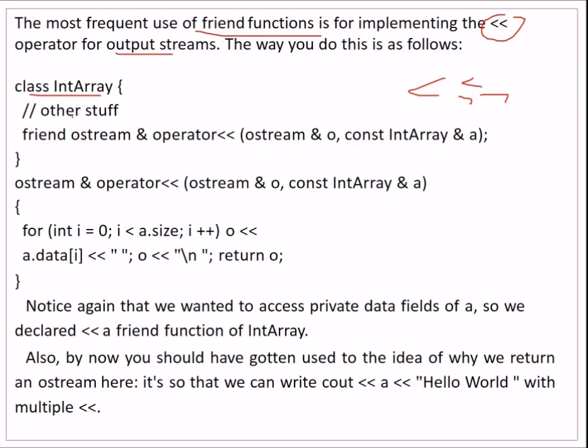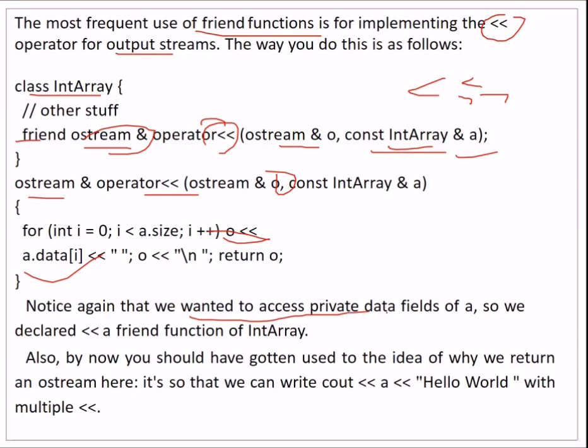You have a class, inside it you make a friend, with output stream as the return type, operator overloaded, taking an output stream and an IntArray, some A. You can define it so that whenever you do this, it is going to print this stuff by just printing to the output stream.